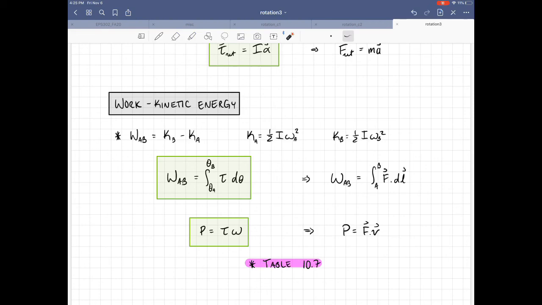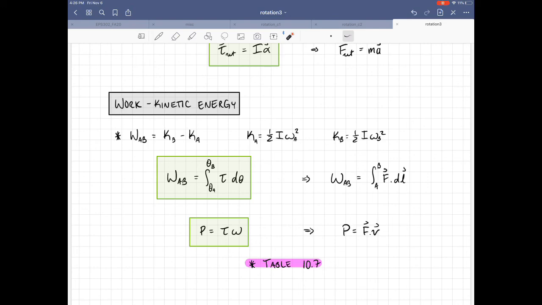And so I want to remind you of our definition for work back in chapter 7, I think, which was the dot product of F dot dl. So you would apply a force over some displacement from A to B, and that would correspond to the work done by a given force. We do nearly the exact same thing for the rotational equivalent, but now our rotational equivalent of force is torque, and our rotational equivalent of changing position is changing angular position.